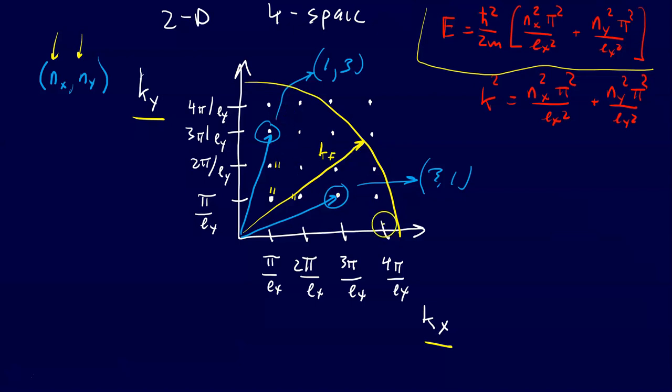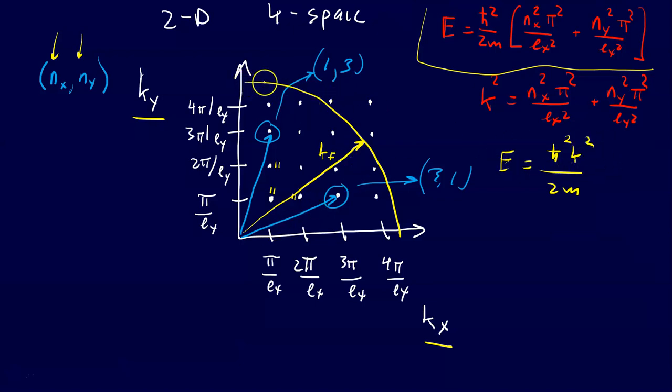As we fill in the electrons, they're going to fill in like this, because the length of this vector k tells us how energetic that particular state is, since I can replace the energy here with h bar squared k squared over 2m, where k is the length of that vector. So if I pick some point, the more energy, the bigger k.